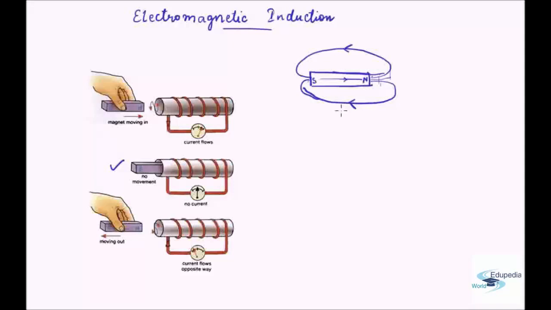Now the number of magnetic field lines is represented by what is known as magnetic flux. So if there is a change in the magnetic flux through the coil, current will be produced in the coil. That is the fundamental of electromagnetic induction.